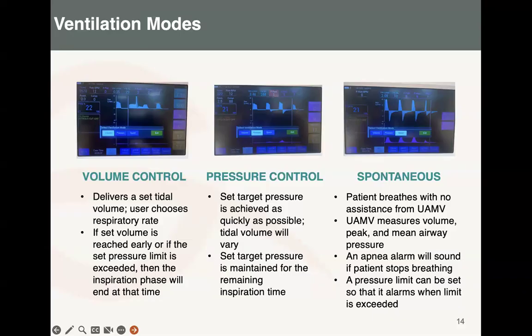So the pressure that you set is going to generate a tidal volume. That means in pressure control, the pressure is constant and the volume will be variable. Every time that pressure is reached, a certain volume will be generated, also depending on the patient's chest compliance.